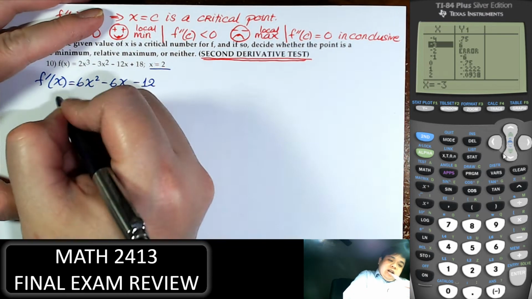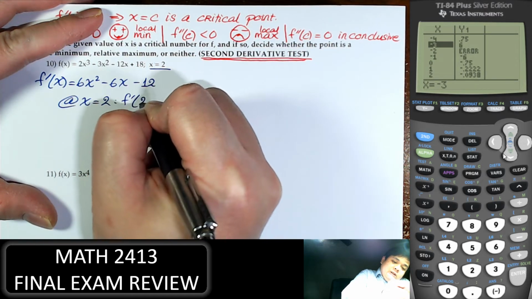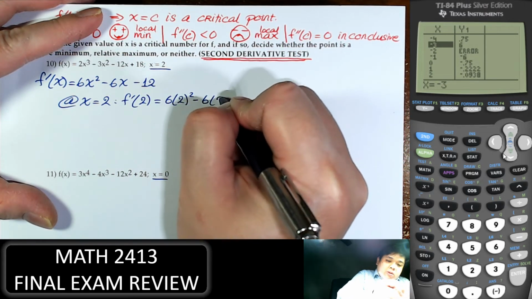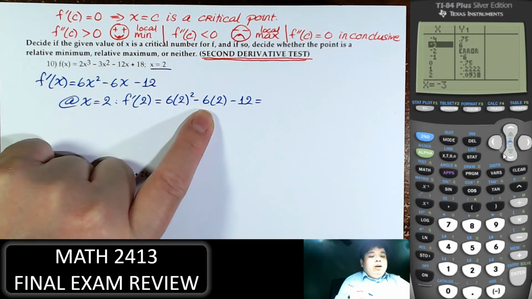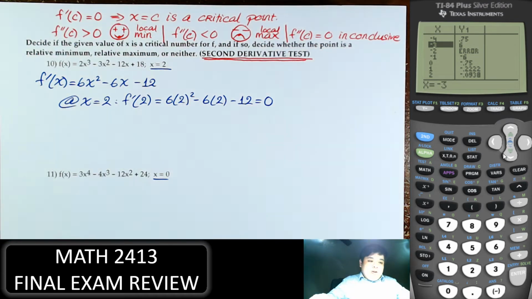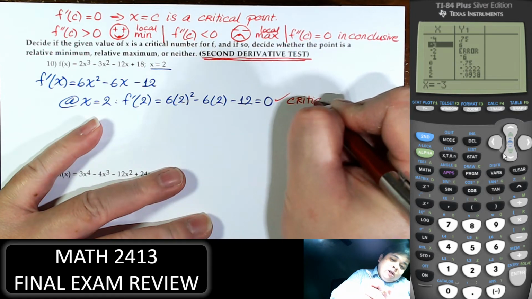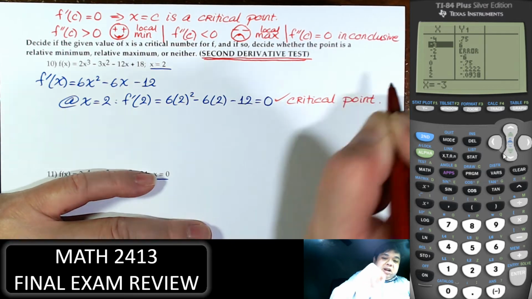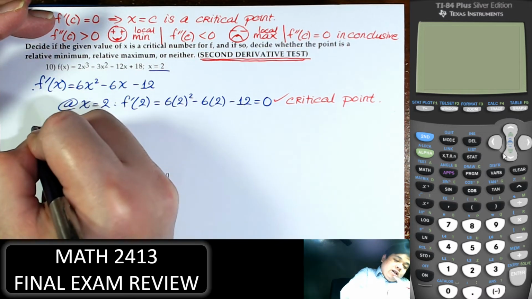Now we test at x equal to 2. 6 times 2 squared minus 6 times 2 minus 12. 24 minus 12, so that is 0. And so check, it is a critical point. If it's not equal to 0, it is not a critical point, and so we're not going to go to the second derivative test. It has to be a critical point before we go to the second derivative.